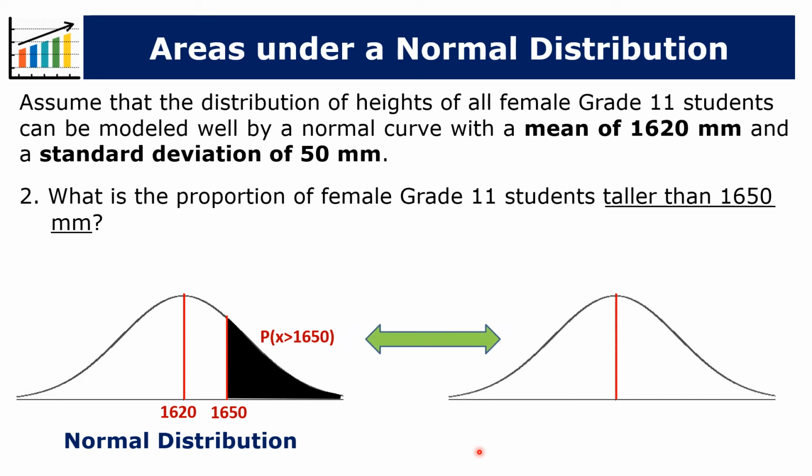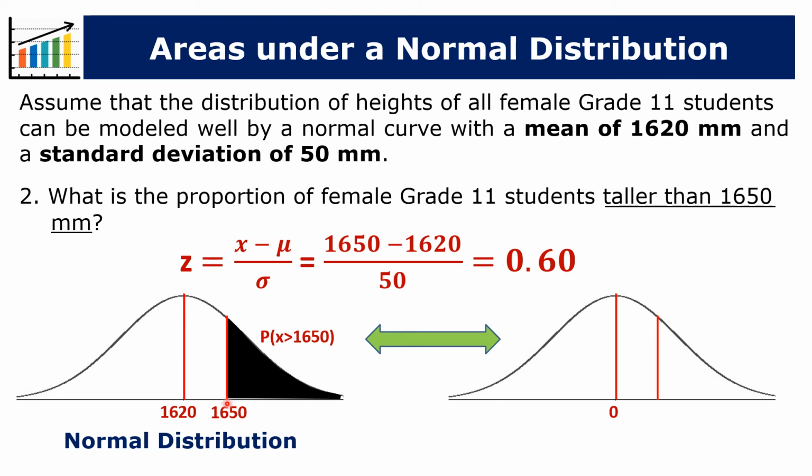When we talk about standard normal distribution, the mean is 0. Ang counterpart nito sa normal distribution natin is 1,620. Now, since the given is 1,650, we have to convert that. We need to find the corresponding z-score for this. Again, we are going to use the formula.